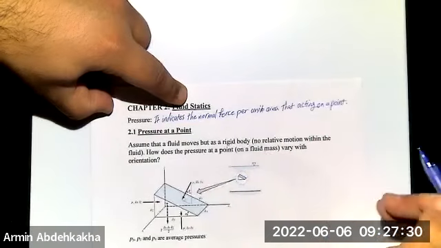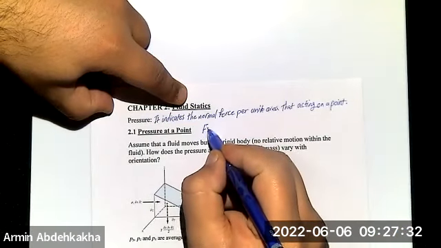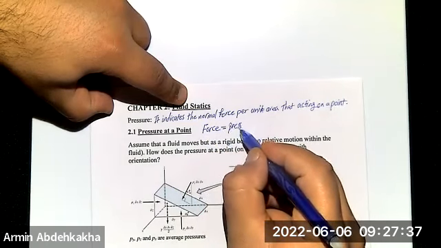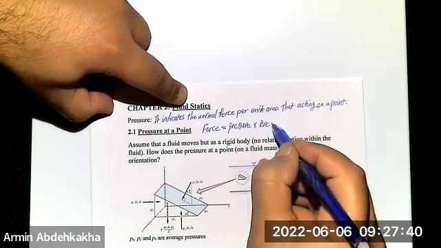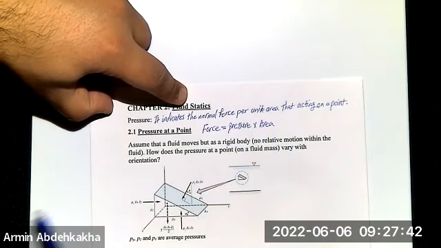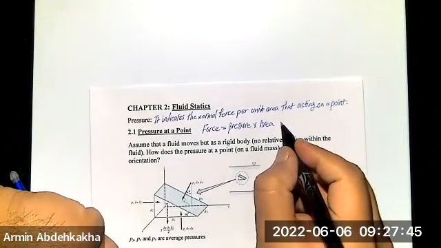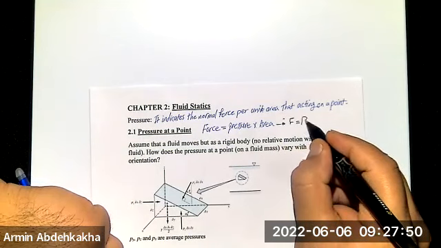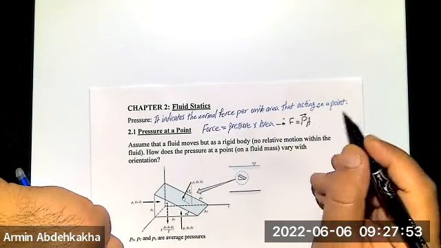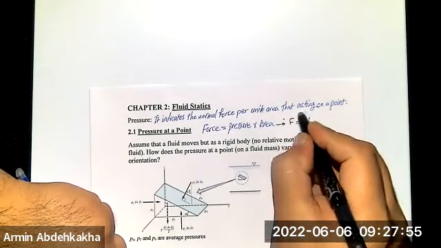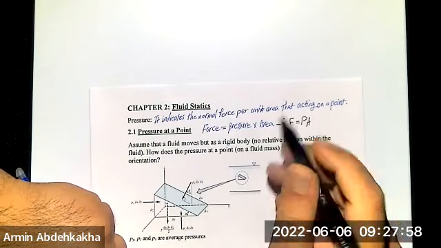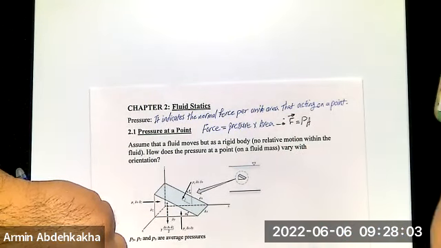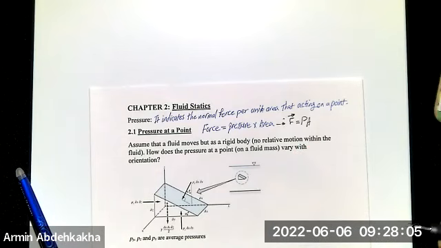Okay, so if you write the equation, the force is equal to pressure times area. So F is P, pressure, times A. So I have a question for you.